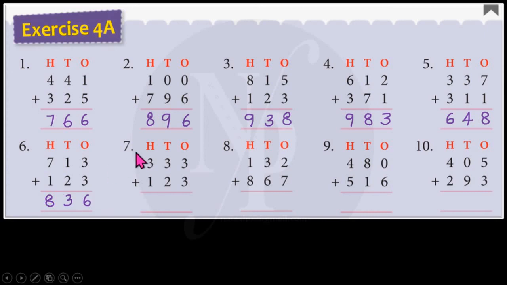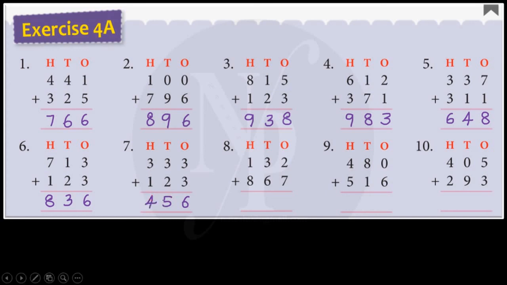Question number 7. 333 plus 123. So again we add 3 plus 3 in ones place. So we get 6. 2 plus 3 is 5, or 3 plus 2 is 5. 3 plus 1 is 4.